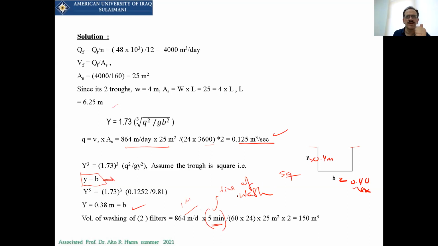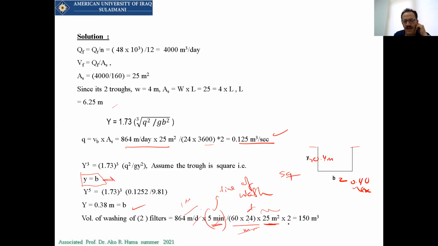It will work for 24 hours, and then you have to wait 5 minutes for backwashing until restarting this one. So 5 minutes, and then it will be meter per day. I will just convert meter per day to minutes. It will be 24 hours, 60 minutes. So this minute will be cancelled out with day. And then the area of the one filter is 25.